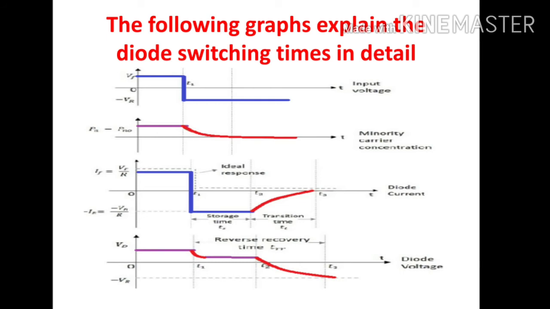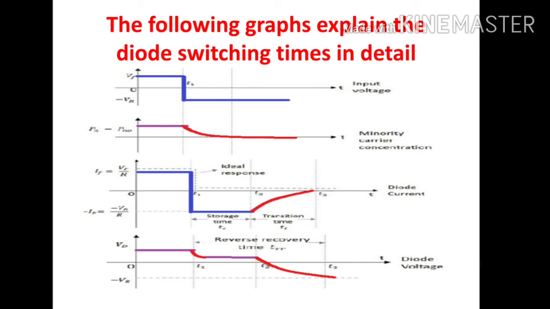This region is the lag time actually. So P minus Pn naught stays constant when it is forward biased, and after reaching T1 the slope of the curve will be exponentially decaying. The region indicated between T1 and T2 is called the switching area.